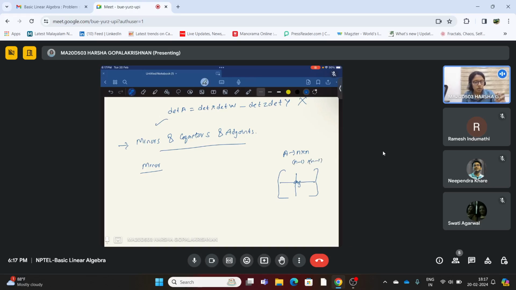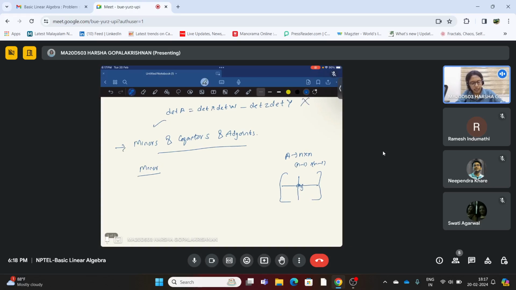Whatever n minus 1 by n minus 1 matrix we are getting, we will find its determinant, and that value is the minor of Aij.